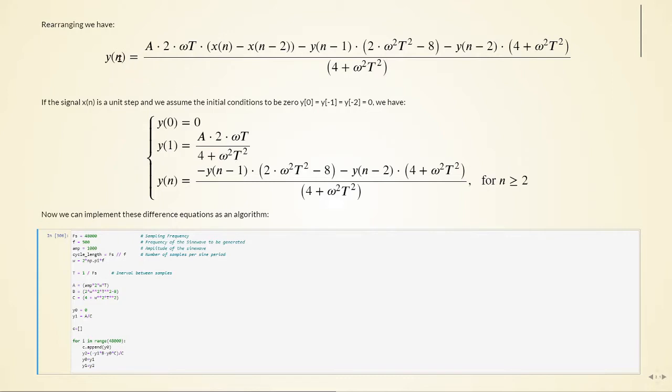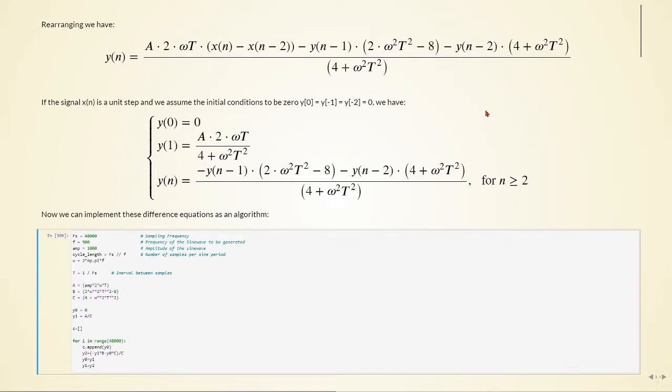When n is equal to 1, x of 1 is 1 and x of minus 2 is 0, so we will have this factor here, which is present here, and then this is 0, this is 0, and we will end up with this here. So we have this divided by this. So when n equals 1, we have this here.